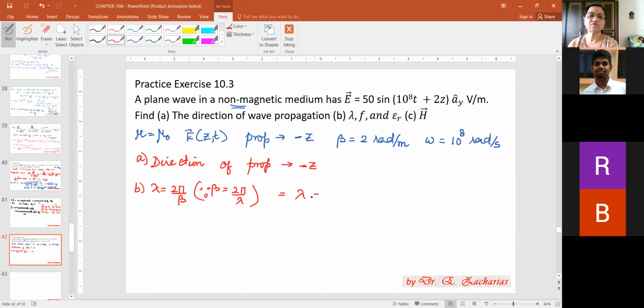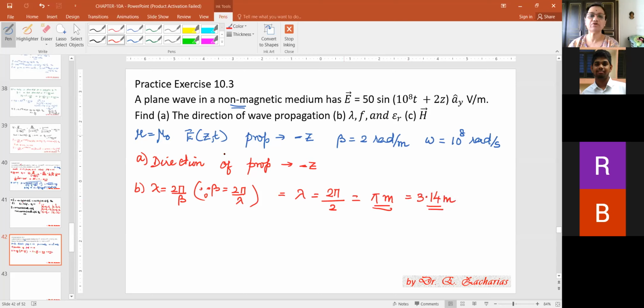So lambda is equal to 2 pi divided by beta, and you have your beta. So it becomes pi meter. Lambda is in meter, right? So it is pi meter, which you can put as 3.14 meter.